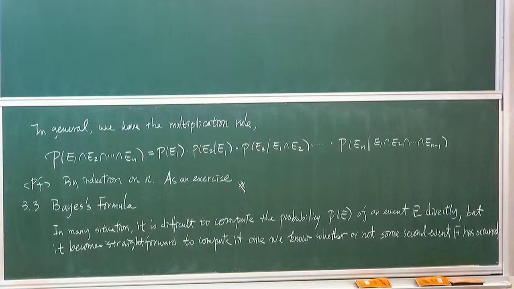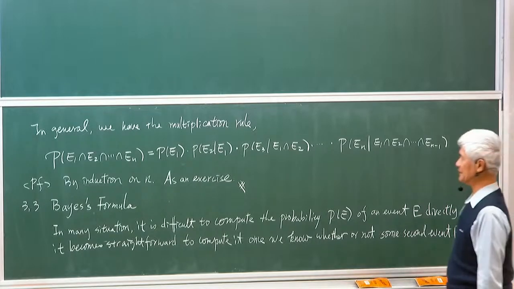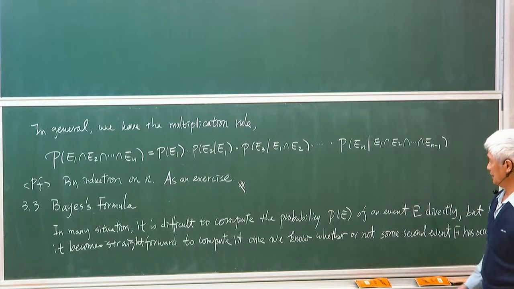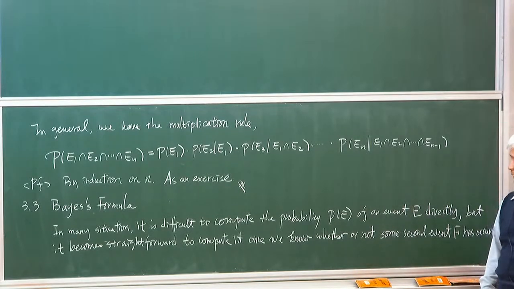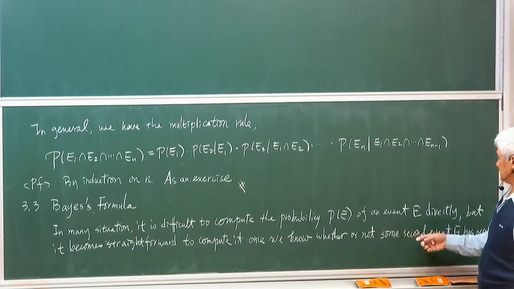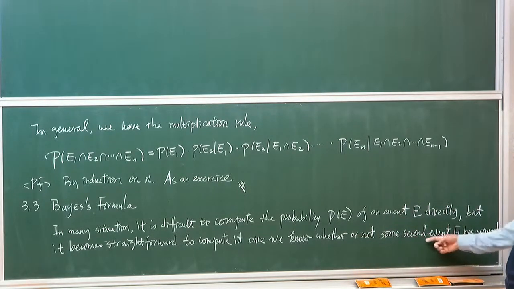This means that if we have assigned information, subsequently we know whether or not some second, additional event F has occurred.